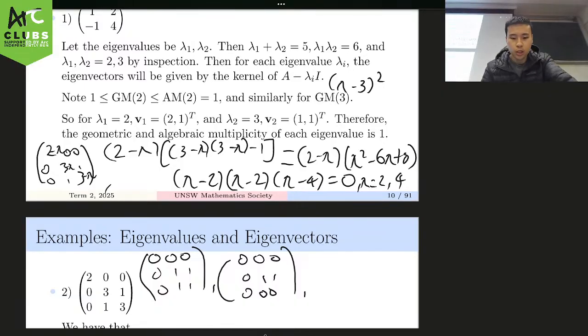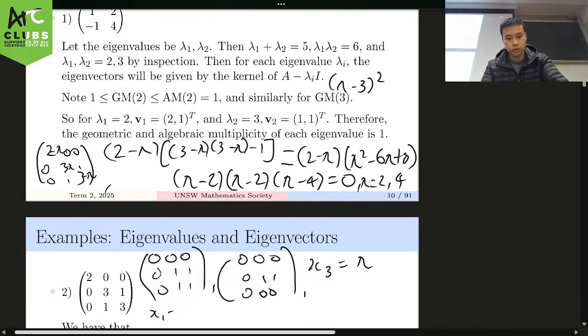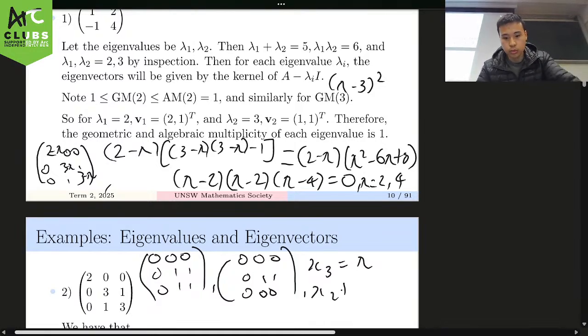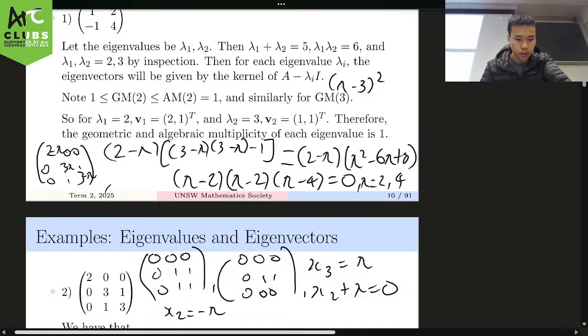Okay, so x3 is lambda. In x1, that truthfully has to be equal to 0. Oh wait, looking at x2: x2 plus x3, so just lambda, is equal to 0 again. So we find that x2 is equal to minus lambda.